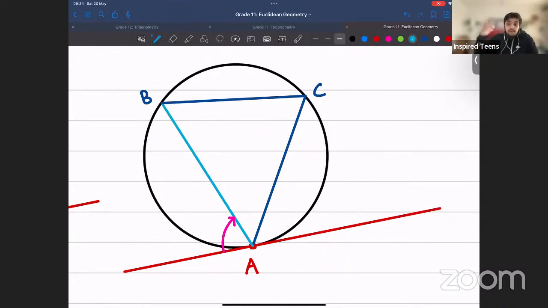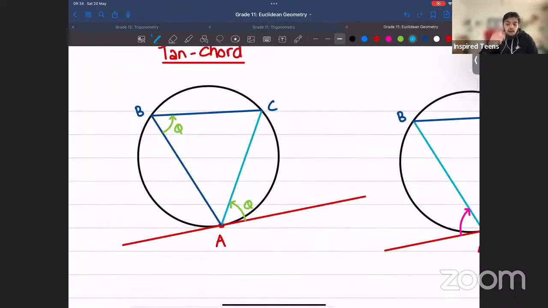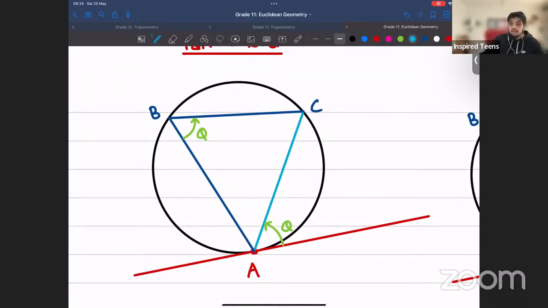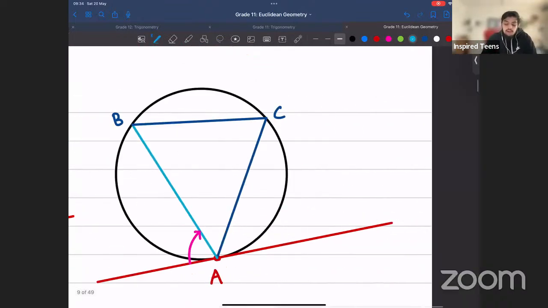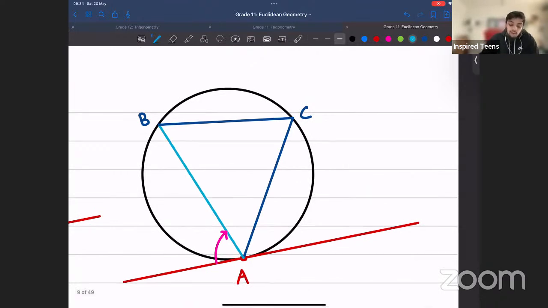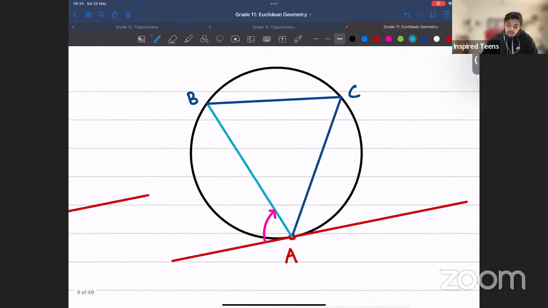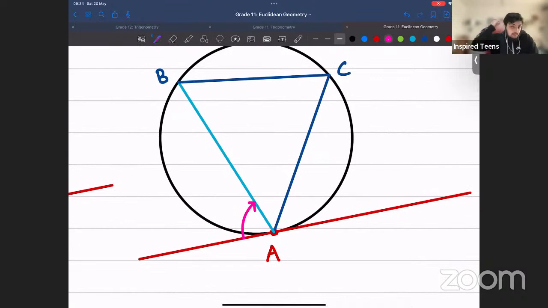If I use AB as the chord, yes, most definitely, the dark blue lines are also chords. That's what we're doing in this next example. So now we're dealing with AB as a chord. When we deal with AB as a chord, let's call this alpha.